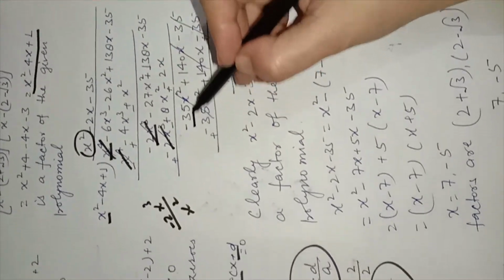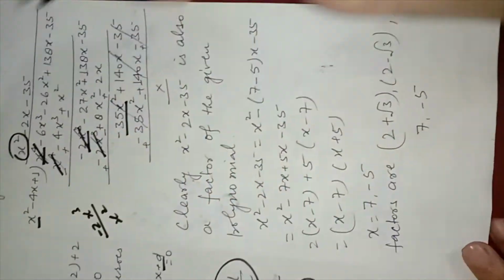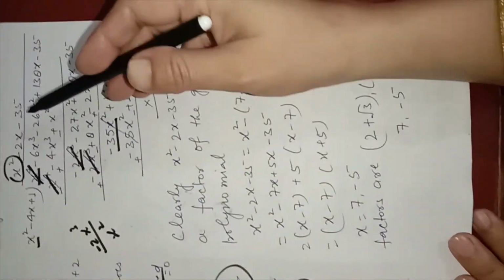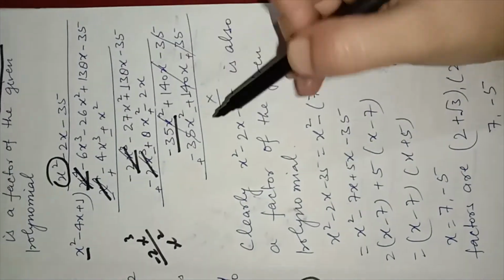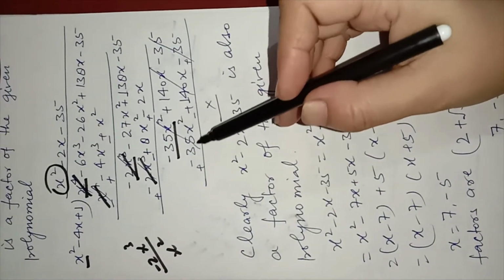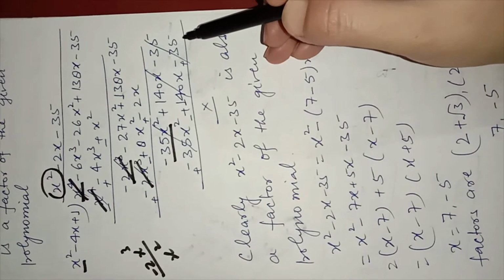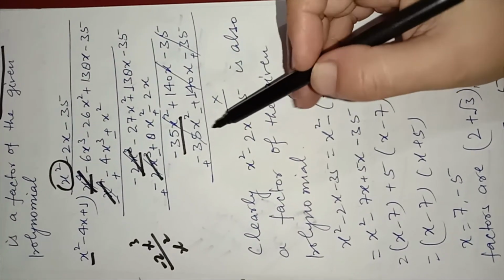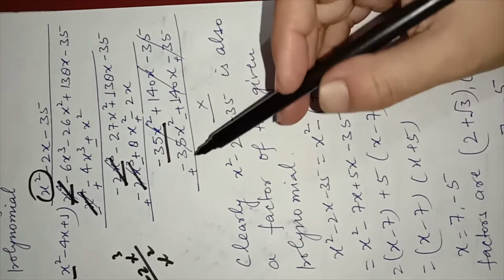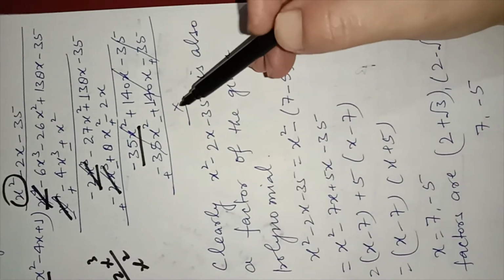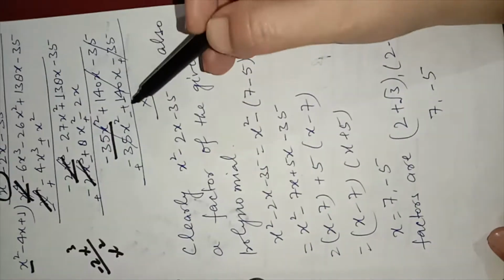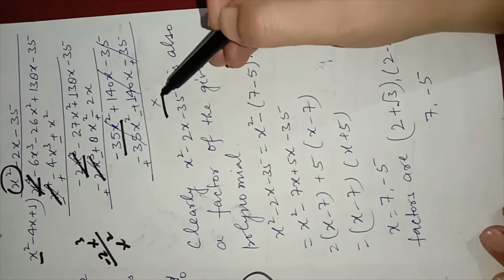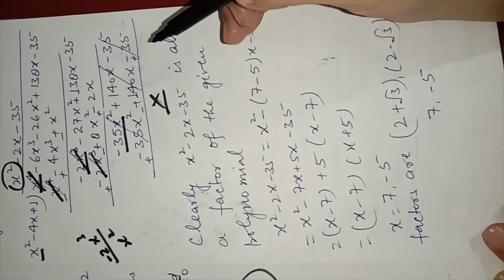Now it is minus 35x square and it is x square. So it will go minus 35 times. We will take minus 35 and multiply the divisor with minus 35. On further solving all the terms will be cancelled and the remainder is 0 here.